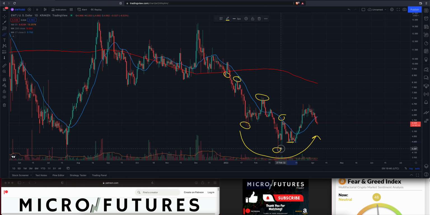It was higher than the 24th of February low, and that to me is a sign of a change in trend. Since we were going in a downtrend, the change in trend would be now to the upside, or at least in the very early stages, potentially an upside trend change.